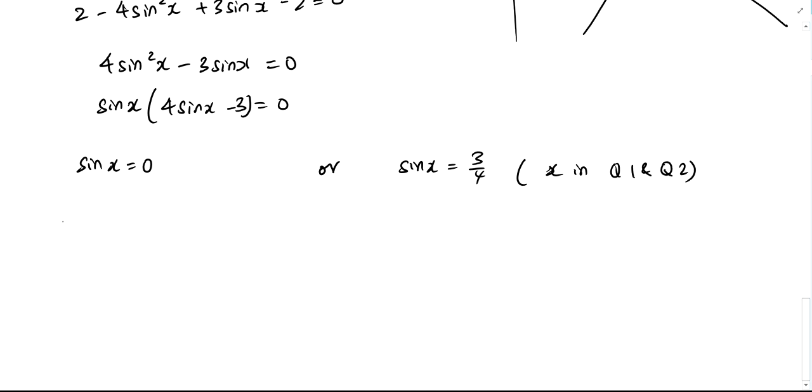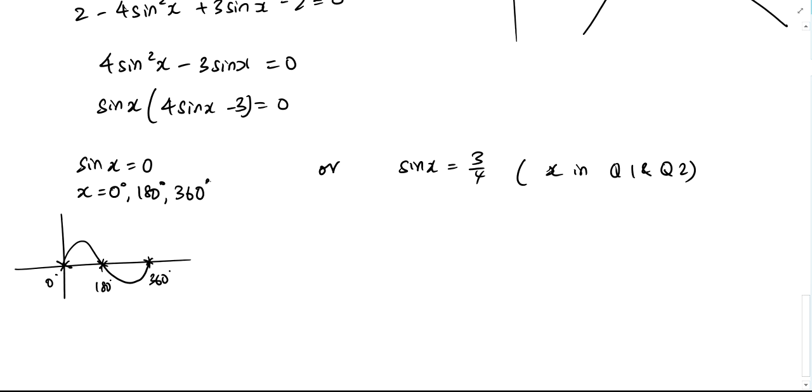Now let's tackle the first one. Since sine x is equal to 0, it's quite clear that we are looking for angles x to be 0, 180 and 360 degrees. And on this side, let sine alpha be 3 over 4.